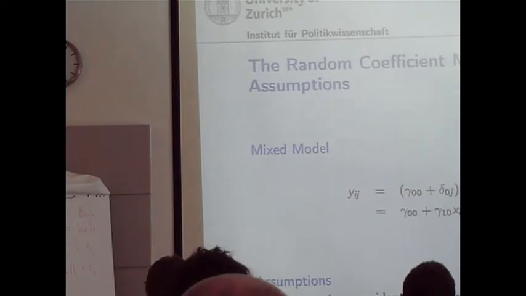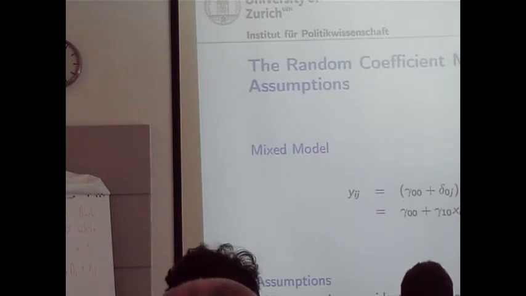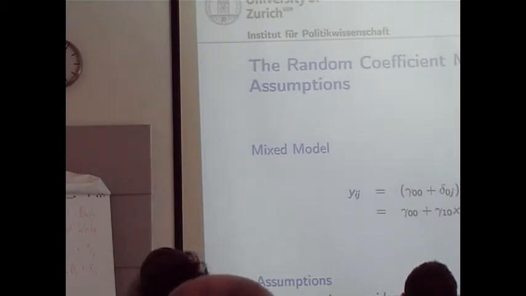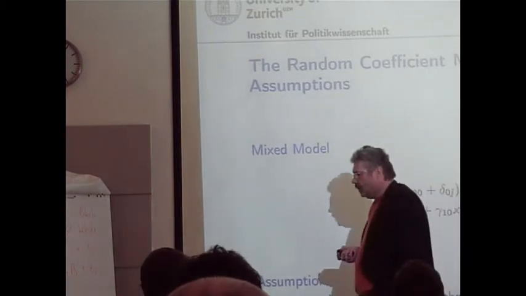And then this complex looking error term that has delta 0j as the source of variation in the intercepts, delta 1j times xij as basically capturing fully the variation in the slopes. You see there's actually this multiplication with the actual values of the predictor that occurs, and then the level 1 error. And that's the model that we can estimate.